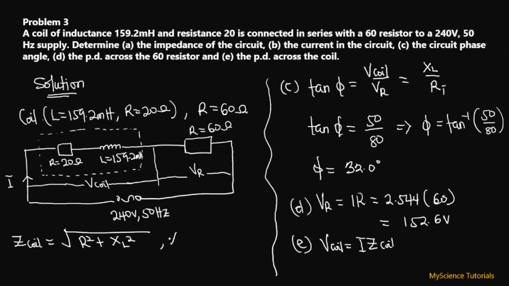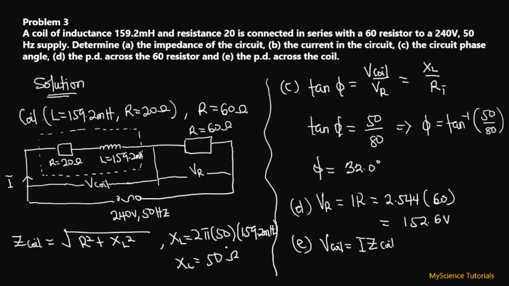Now, the inductive reactance of the coil is equal to 2 pi, the frequency is 50, multiplied by the inductance, which is 159.2 millihenry. So XL, if we multiply everything, is 50 ohms.